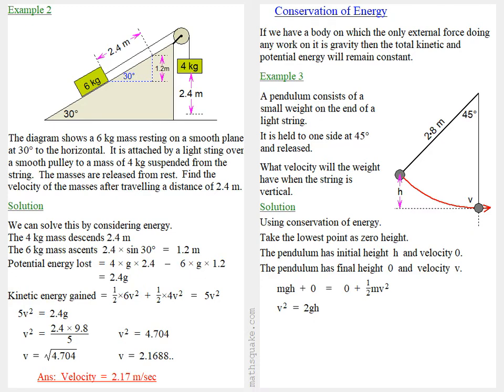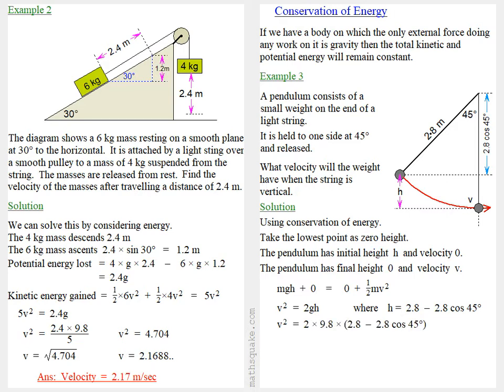Now if we look at the diagram, we can draw a horizontal line across to create a triangle. From the triangle, we can see the adjacent side of the triangle is 2.8 times the cosine of 45 degrees. So h in our equation is 2.8 minus 2.8 cosine 45.